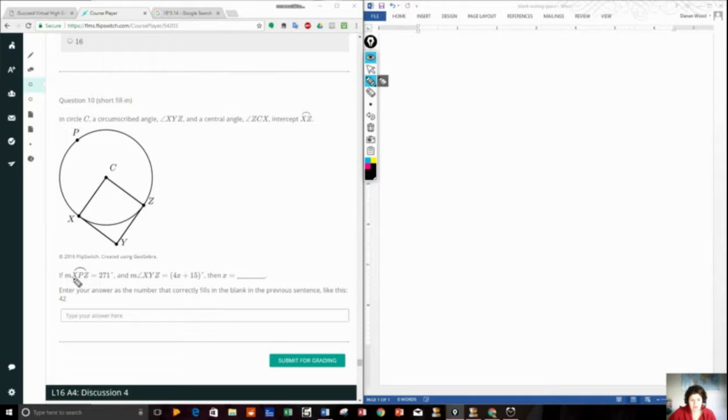If the measure of the arc XPZ, so if this angle on this arc is 271 degrees, and the measure of angle XYZ, so this angle, is 4x plus 15, then x equals blank.